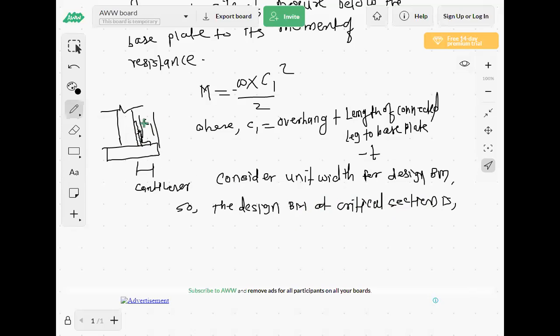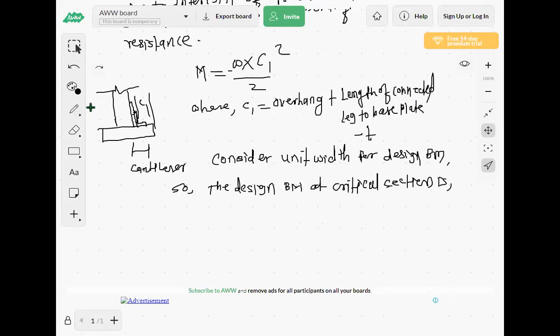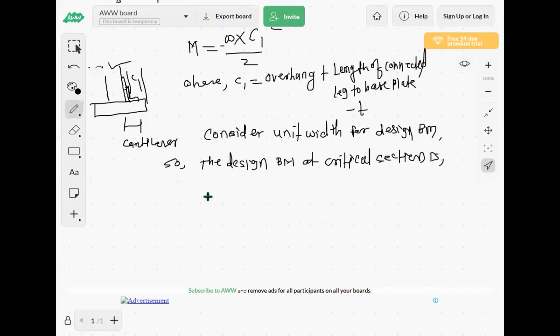This part is the critical section, from the face of the gusset plate and face of the angle. This distance C1 is the critical section. For this critical section we have to calculate now the design bending moment. So this is the actual bending moment, and the design bending moment we have to calculate. So MD is equal to design bending moment.